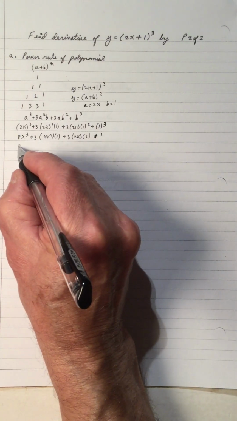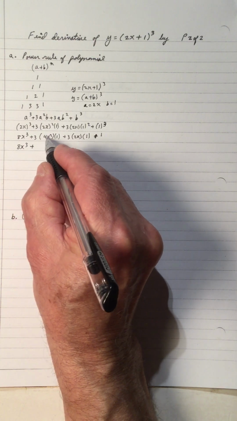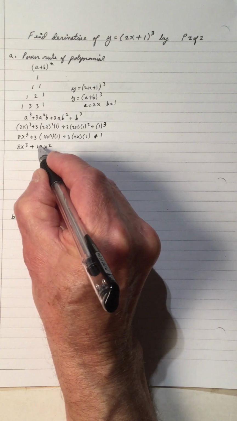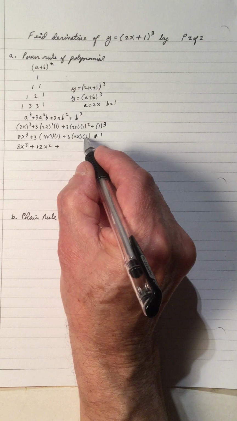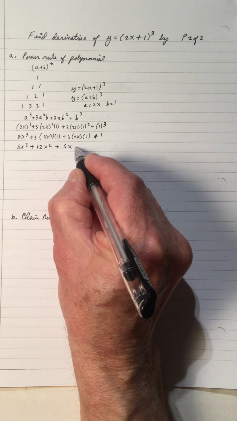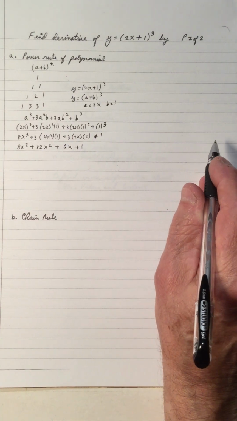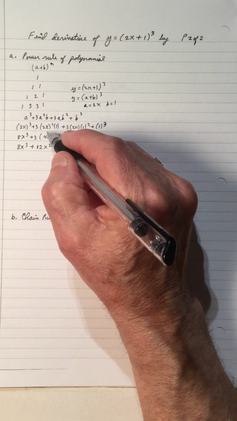So simplify that, we get 8x cubed plus 4 times 3 is 12, times 1 is 12x squared, and we get 3 times 2 times 1 is 6x plus 1. So that's if we work it out by the powers of the binomial theorem.